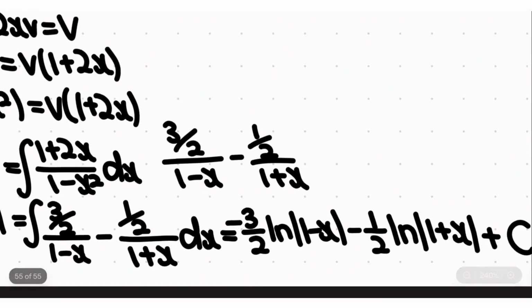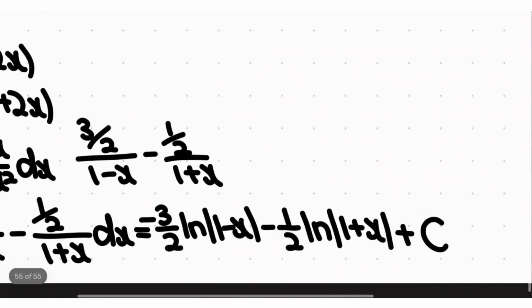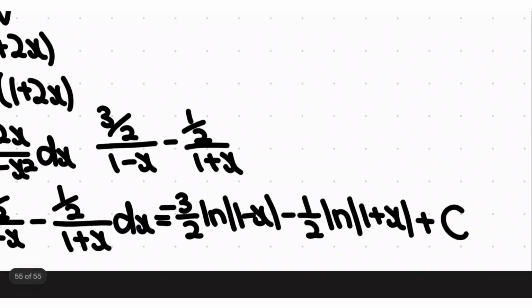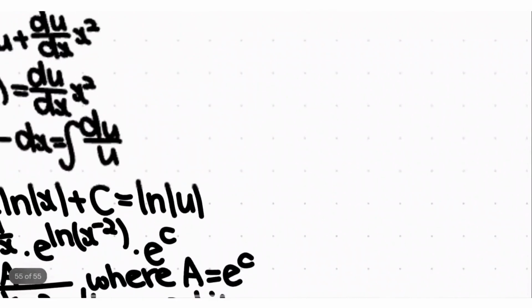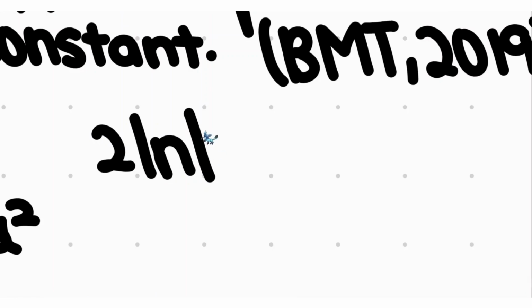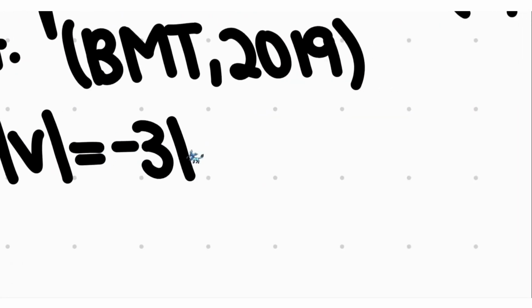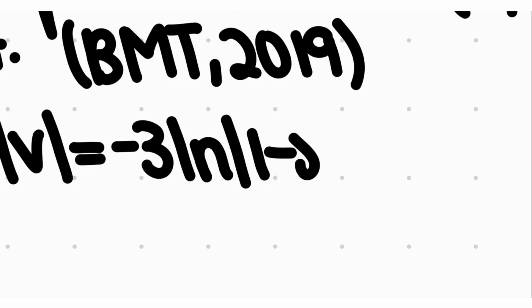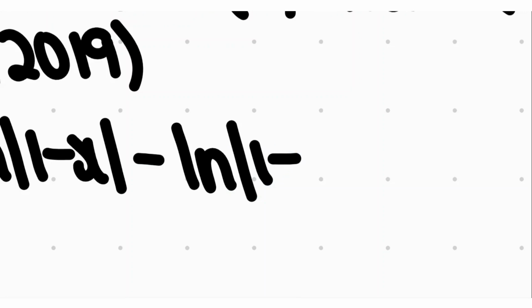And to make our lives easier, I'm going to multiply both sides by 2. So 2 natural log of the absolute value of v is equal to negative 3 natural log absolute 1 minus x minus natural log absolute 1 plus x plus, and another thing I'm going to do to make our lives easier, ln k, where ln k equals c.